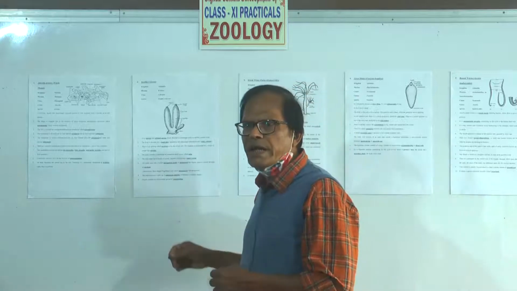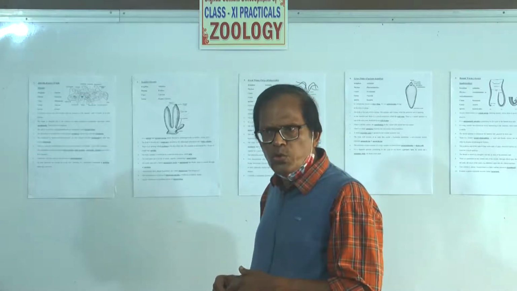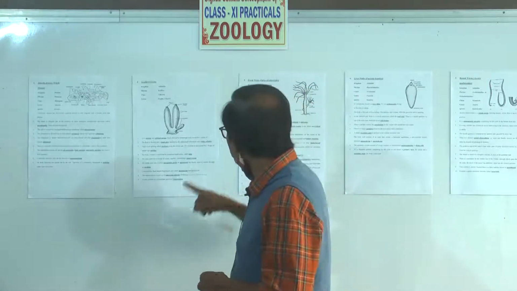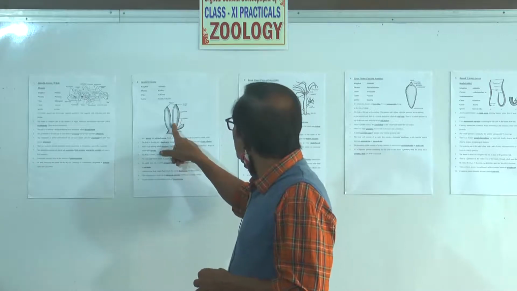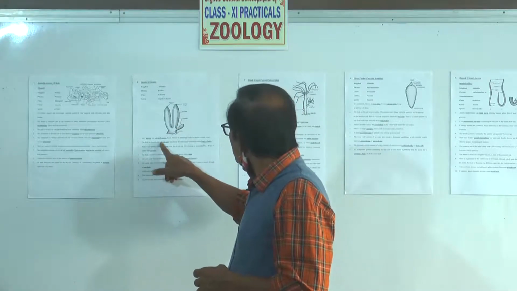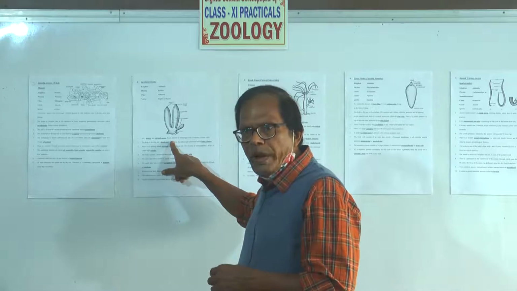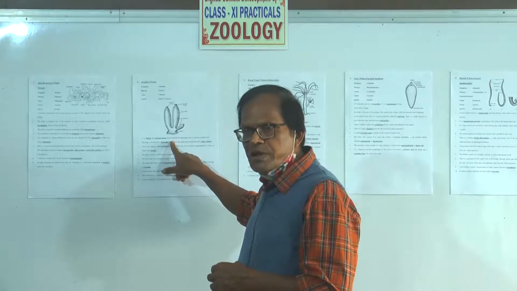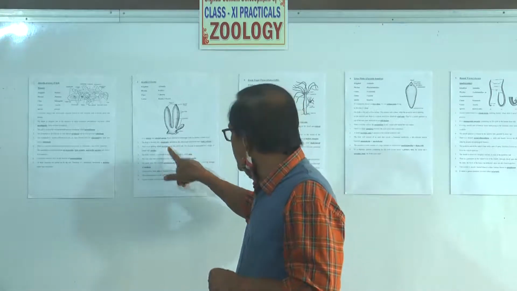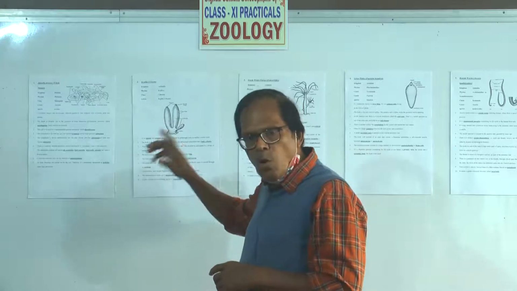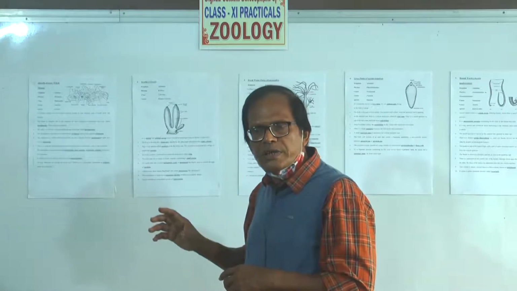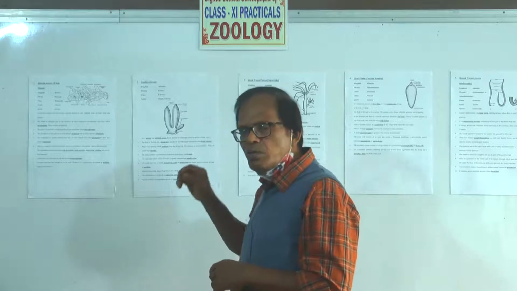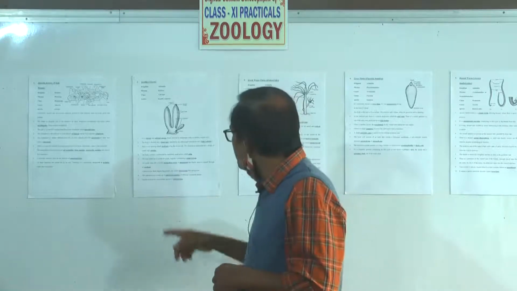So the important characters a student is supposed to write are, look at this, the structure of the body, that is the division of the body. First character, then pores are present or ostia are present. Second character, which identifies the phylum.